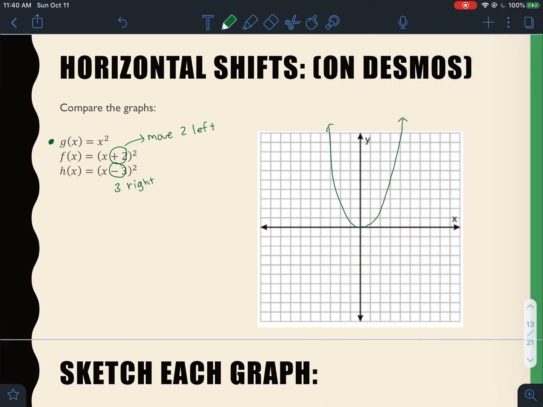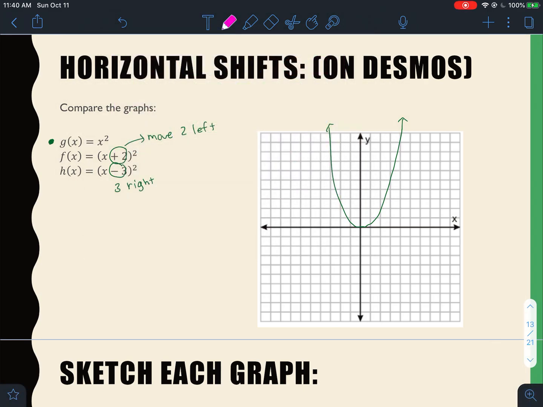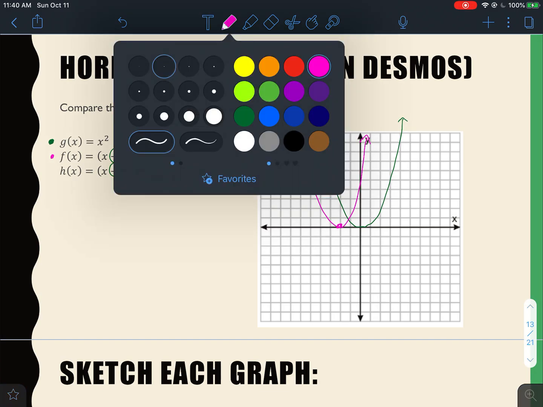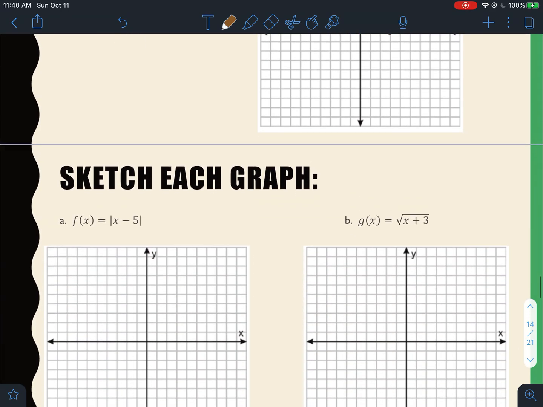So with these two new parabolas, the pink parabola, x plus 2 on the inside, moved 2 to the left, and the brown parabola, x minus 3 squared, moved 3 to the right.